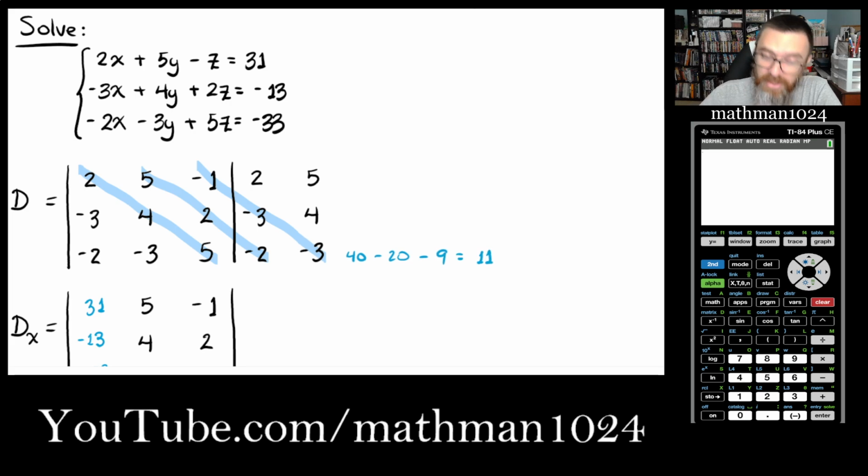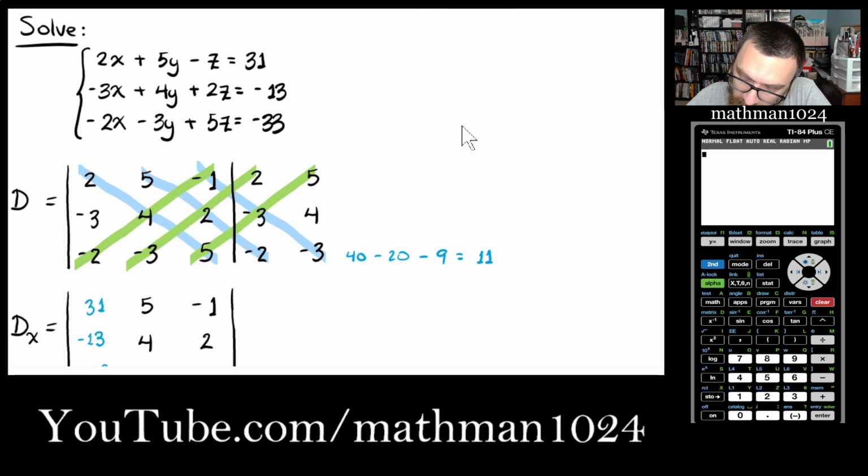So altogether, that's going to be 11. But don't forget there's another part to this. You've got to do the upward diagonals. So this one, and that one. Negative 2 times 4 times negative 1 is positive 8. Negative 3 times 2 times 2 is minus 12. 5 times 5 times negative 3 is minus 75.